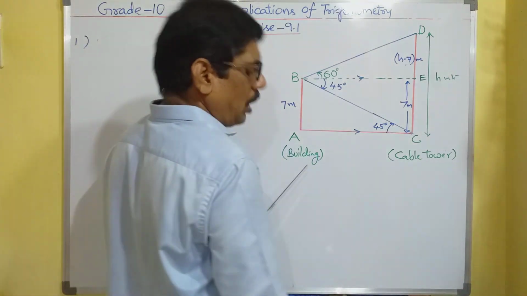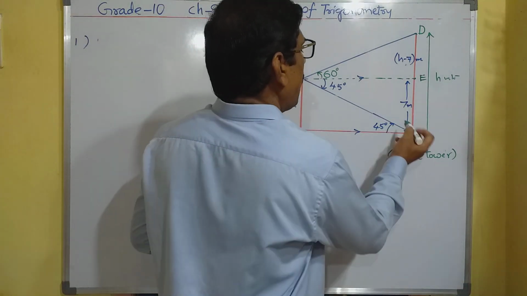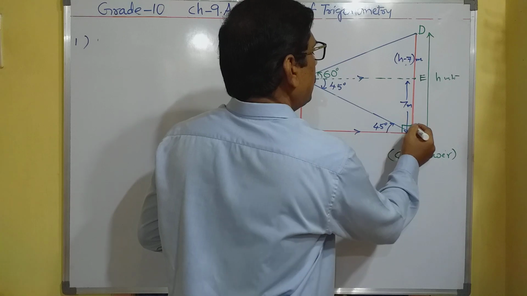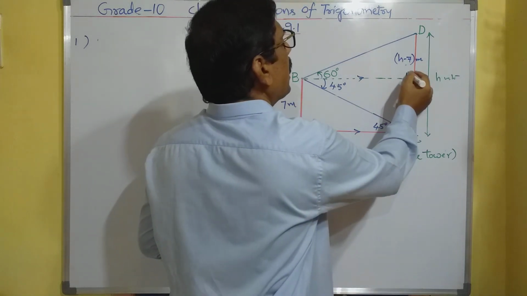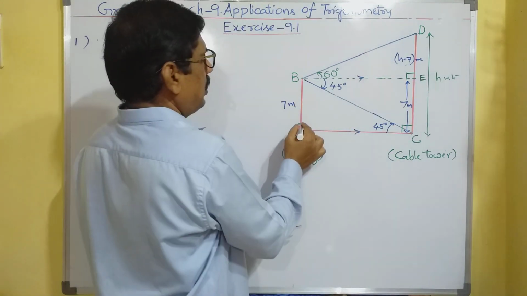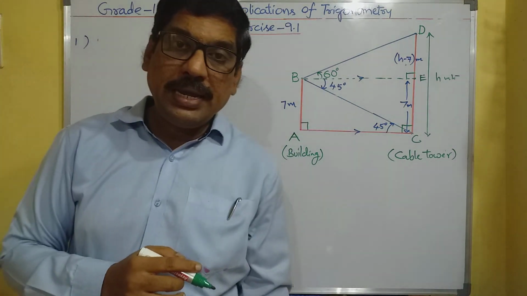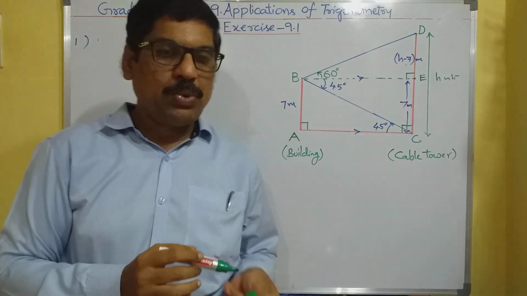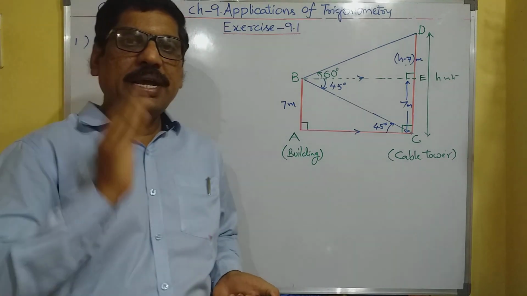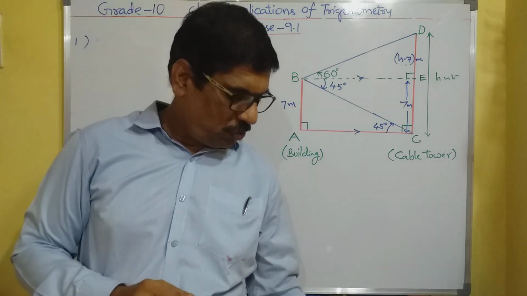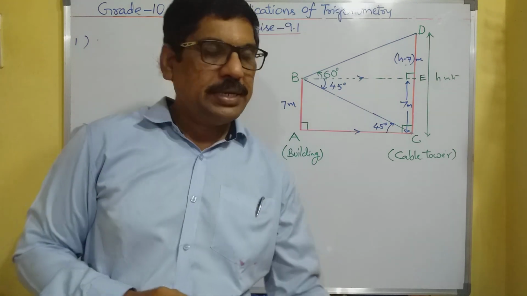Now also you have to observe that here the angle is 90 degrees. Also here the angle is 90 degrees. Here also the angle will be 90 degrees. Why? Because the building and the cable tower both stand vertically on the ground. So we have to take them as 90 degrees.